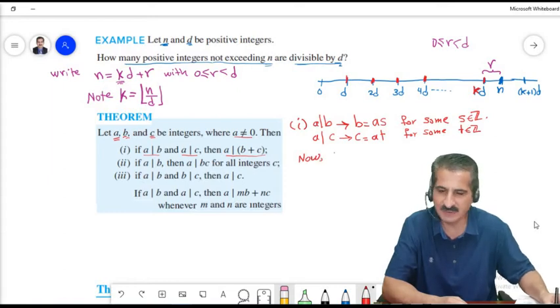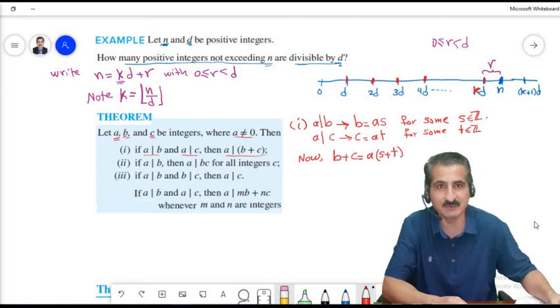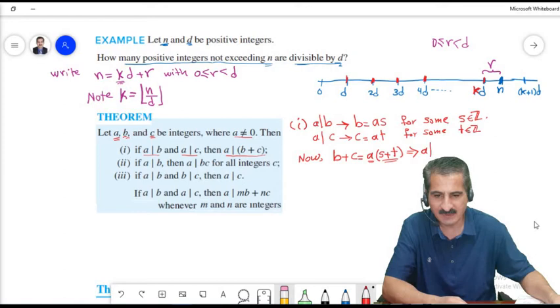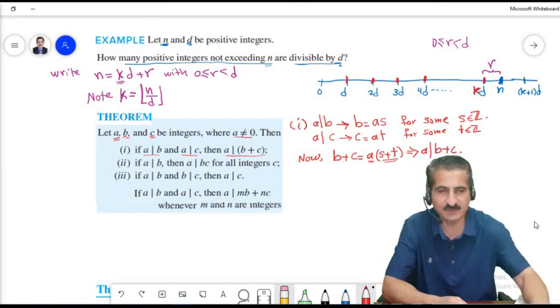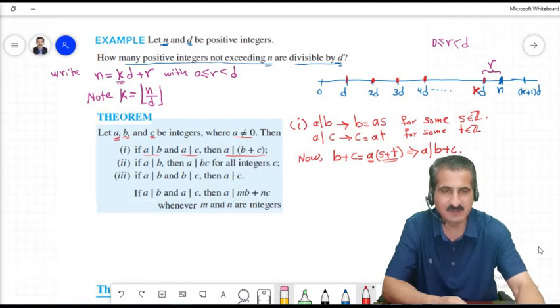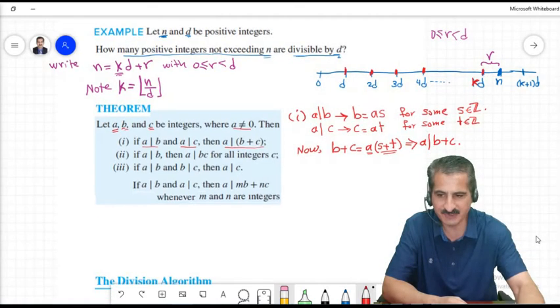So b plus c equals a times (s plus t). So b plus c is a multiple of a. It is a times this integer. And that simply gives that a divides b plus c. So if a divides two integers, then it divides the summation.